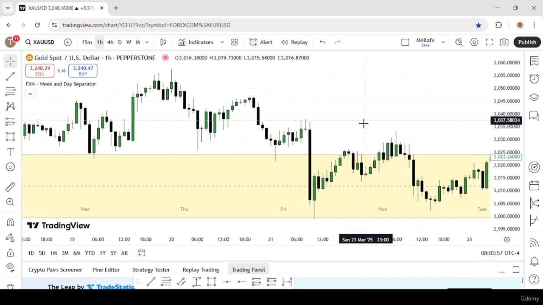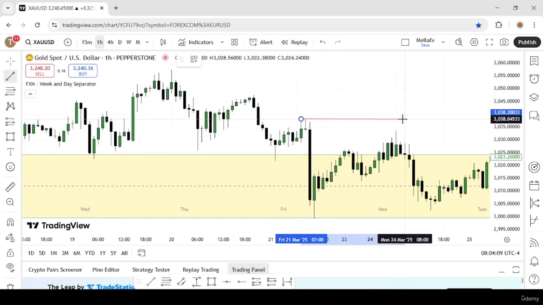So what we are looking for is any break in structure. Once Friday closed, or once we printed here, we'd be looking for any break in structure. The first break in structure would have been here. So we'd be looking at this as the break in structure.